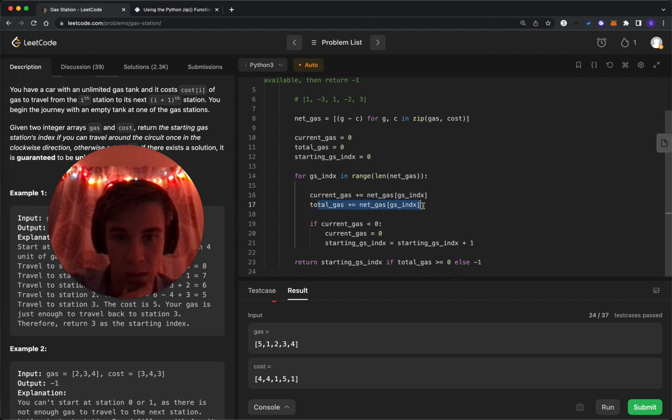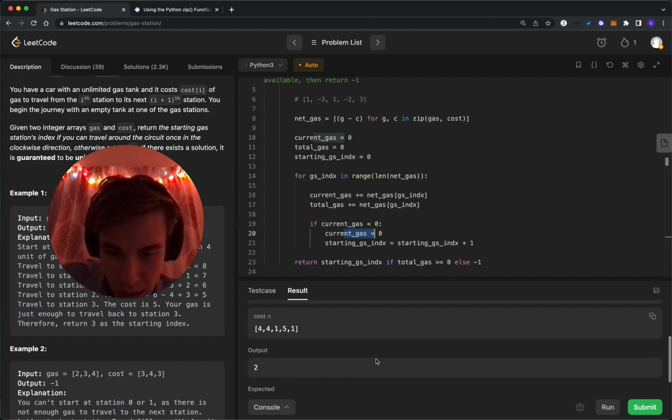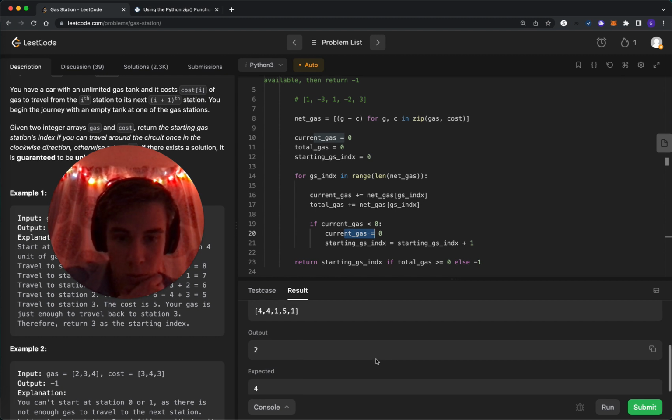Total gas is, who knows, I don't care about that. Current gas is 1, so it's not going to go here. 3. Current gas should be -1. But it's saying the output is 2.